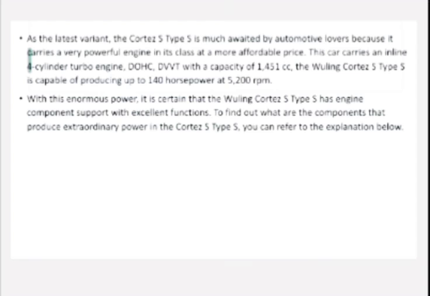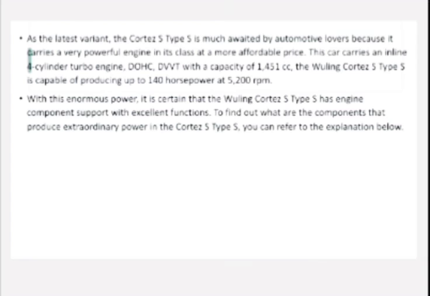The Wuling Cortez STBS is capable of producing up to 140 horsepower at 5,200 rpm. With this enormous power, it is certain that the Wuling Cortez STBS has engine component support with excellent function.